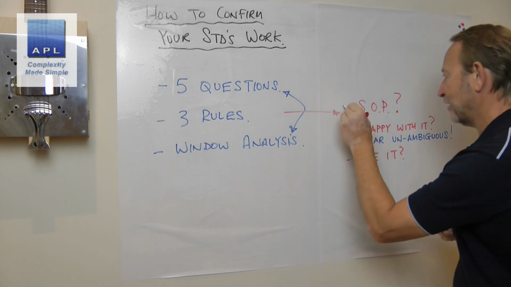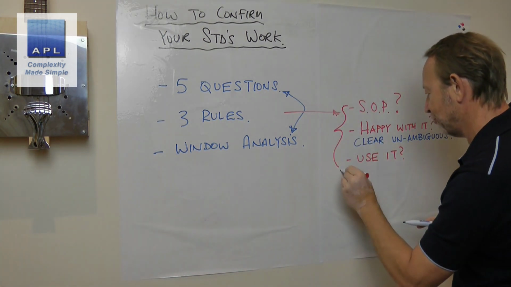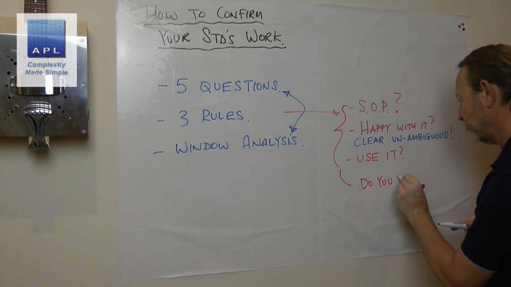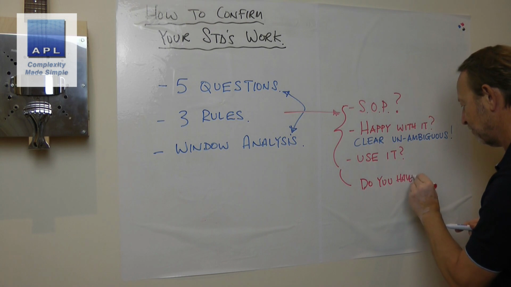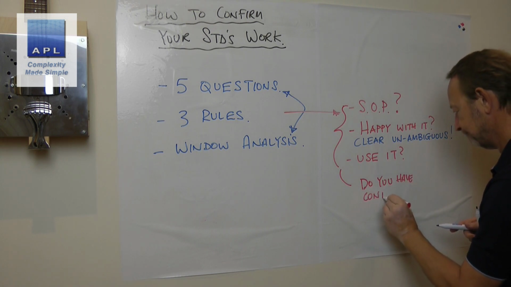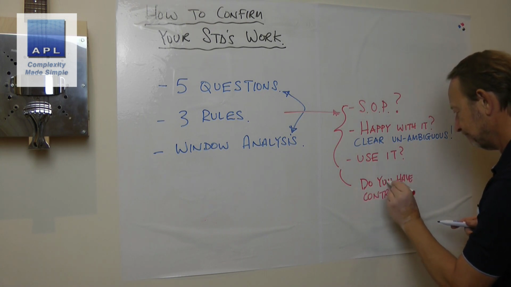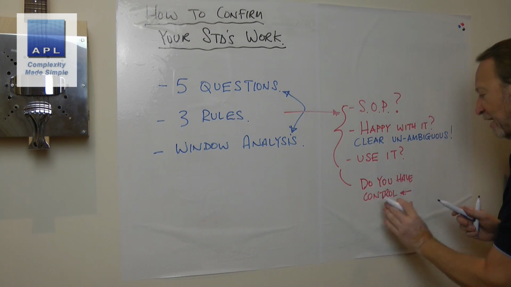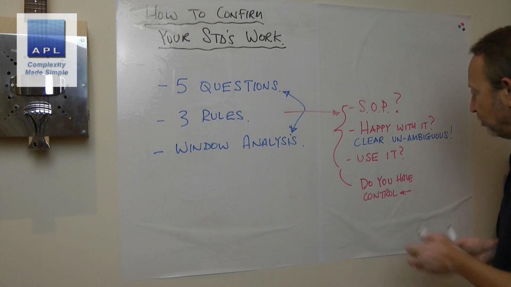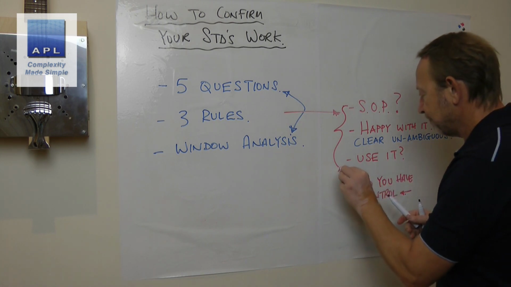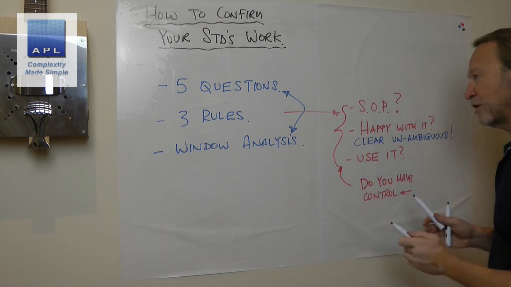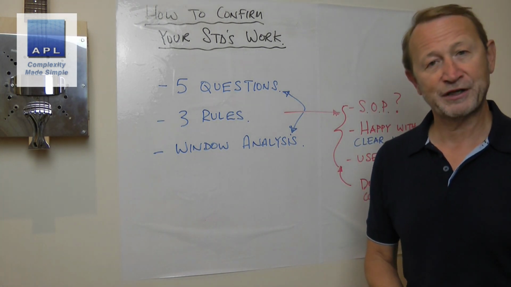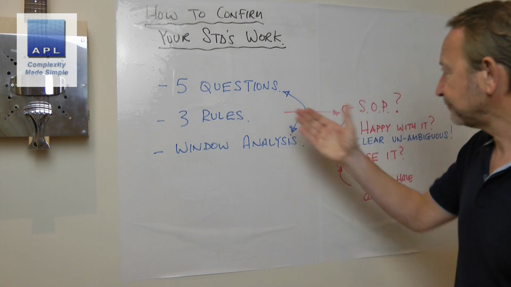What I'm basically trying to ascertain is, do you have control? Control means stable and predictable. Do you have control? Okay, and they're my 3 questions for any control rule that you're applying on your process.